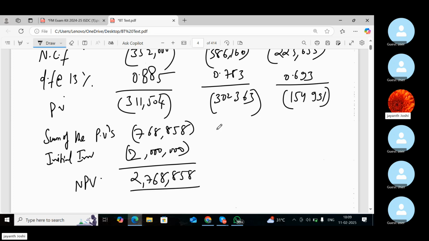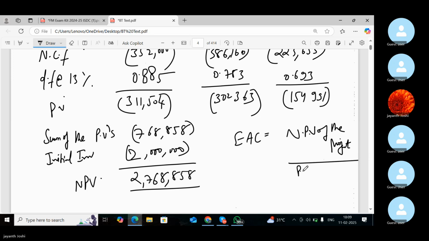You know it's negative, so equivalent annual cost is nothing but the NPV of the project divided by the present value of annuity factor at the rate of 13% for 3 years. You just add these three, you'll get the ultimate answer.